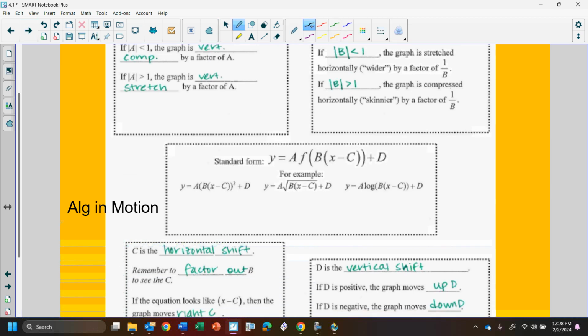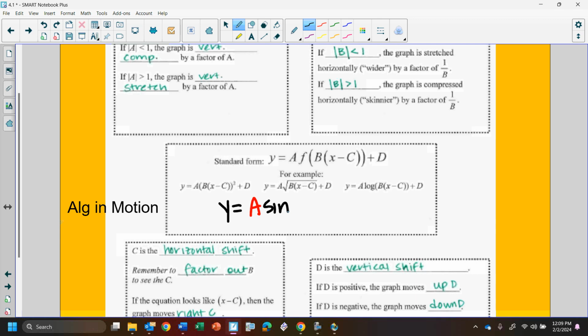So, start off with a little y equals. Which transformation, A, B, C, D, do you think goes in front of your sine? A. Cool. So on the back of your homework, do with me. We're going to put that A in front of your sine or cosine, whichever one it is. Who goes inside the sine function?